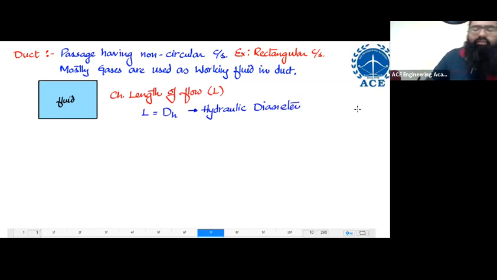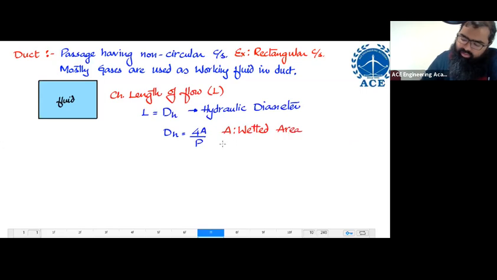These things will be important in your heat transfer also, where you might have the concept of ducting and hydraulic diameter. Similarly, for civil, open channel flow will have the concept of hydraulic diameter. What is the hydraulic diameter formula? It is equal to 4 times area upon perimeter. This A is known as the wetted area, and P is known as the perimeter.